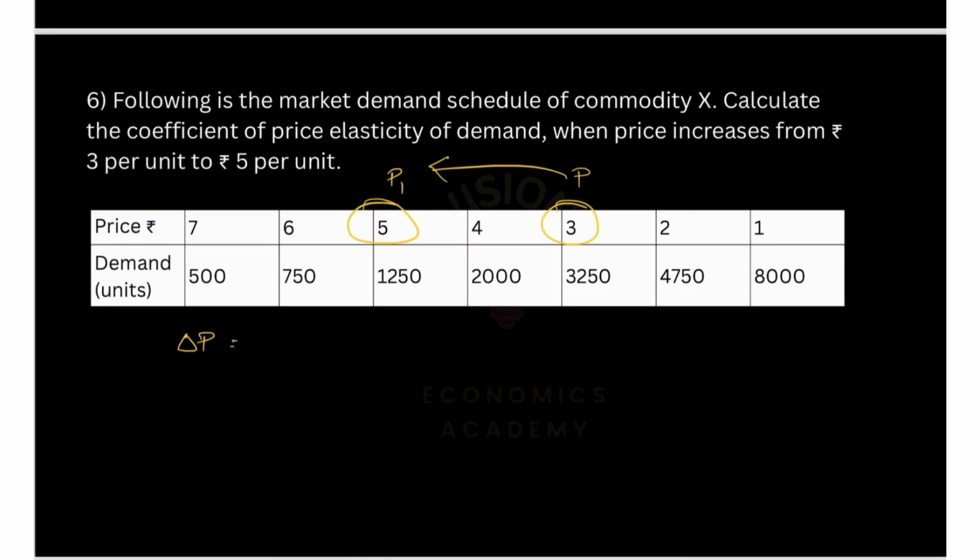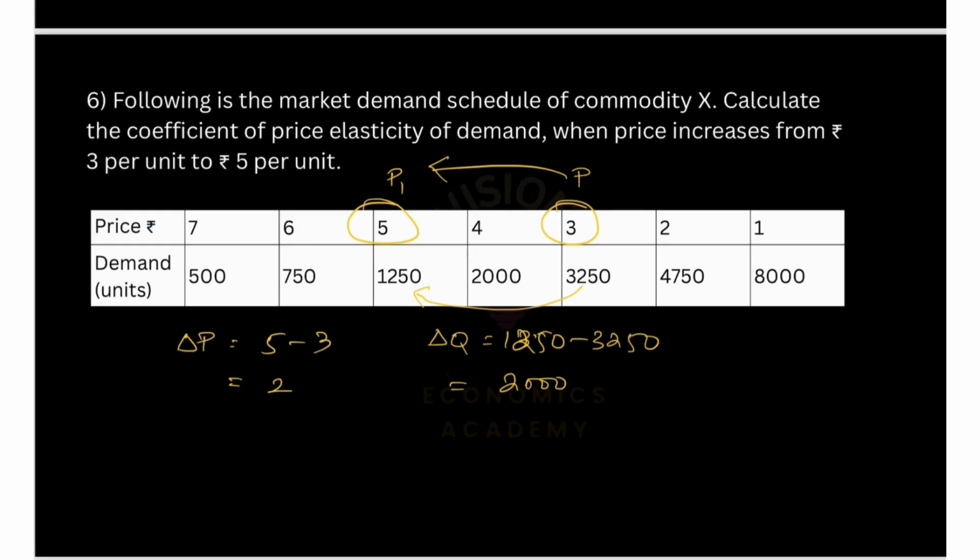So P1 5 minus P, that is 2. Change in quantity from 3250 to 1250. So 1250 minus 3250, that is minus 2000.